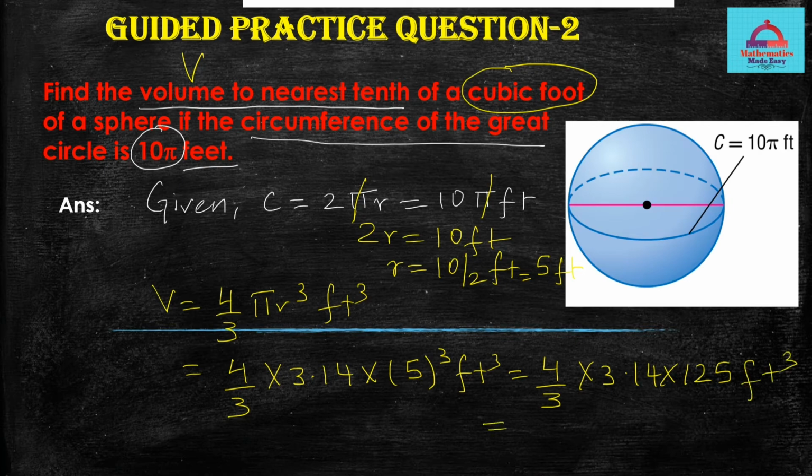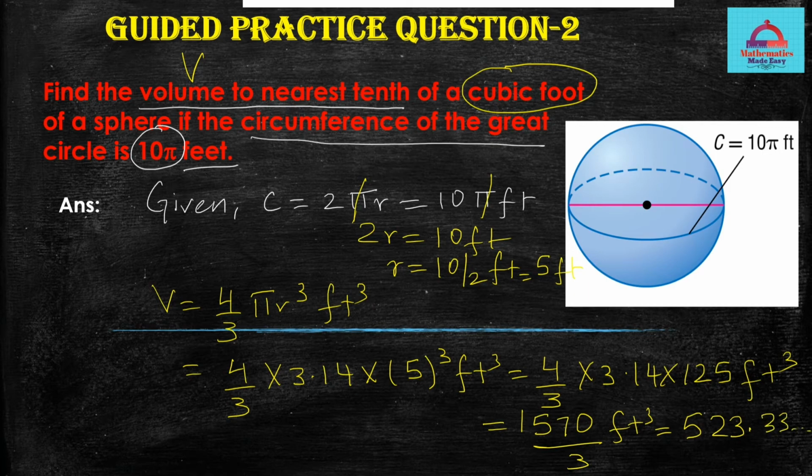Now this is simple calculation. I want you to do that, and I'm sure you are getting this value when you do that calculation. Now when you divide 1570 by 3, it is going to come as a recurring decimal, that is 523.333 and so on.